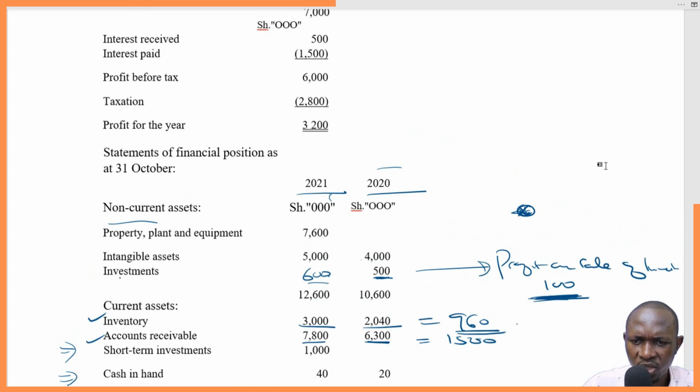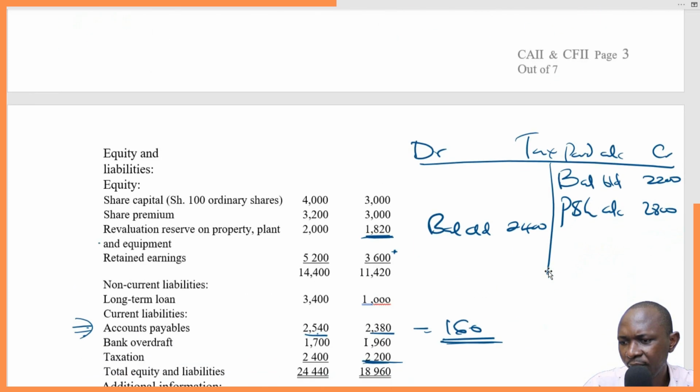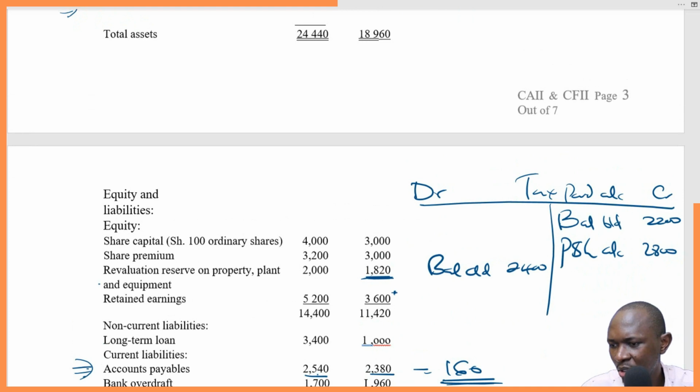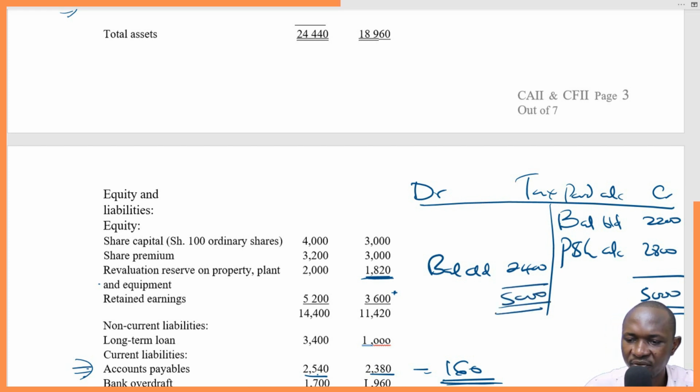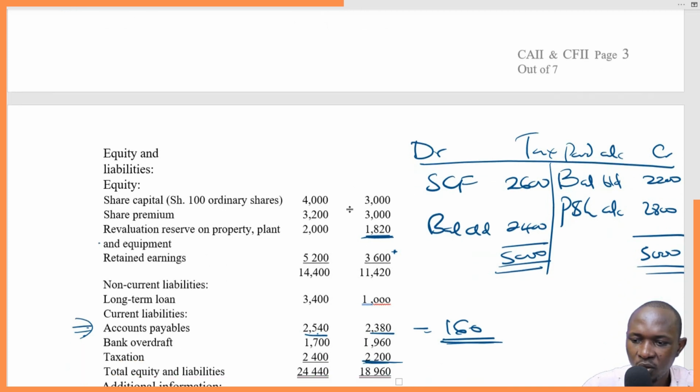Taxation 2,800. We credit the tax paid account. So this will give us 5,000. This will also be 5,000 as a balancing figure. The difference is 2,600. This becomes our statement of cash flow. The 2,600 is sent to the statement of cash flow.